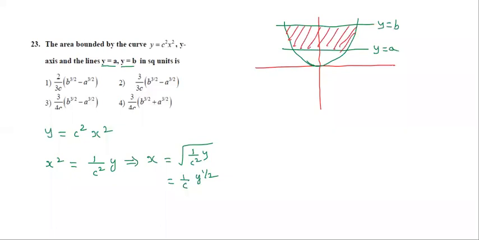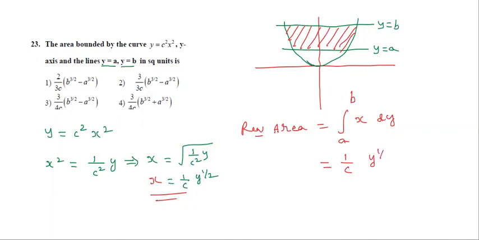Okay, students. Now the required area is equal to, what are the limits? a to b. These are y values. So integral from a to b of x dy. What is the x value? Here we already know that. Substitute 1 by c, take it outside, y power 1 by 2, integration a to b dy.